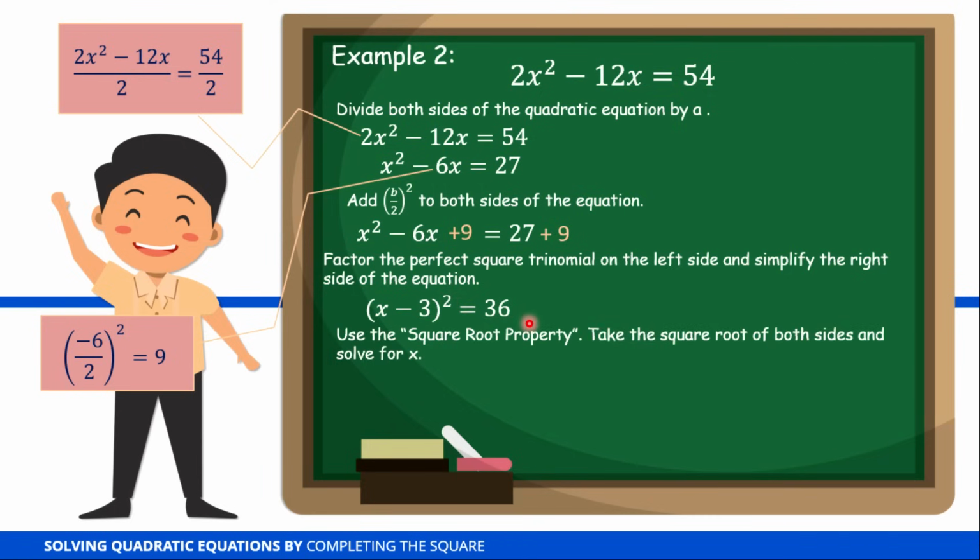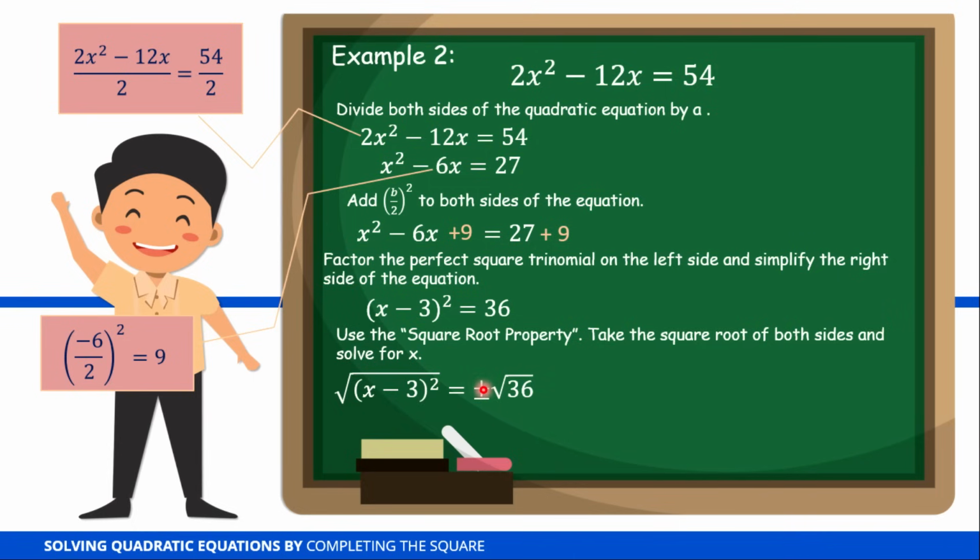Ang susunod na step natin ay gamitin ang square root property. Get the square root of both sides of the equation. We now have square root of quantity x minus 3 squared is equal to positive negative square root of 36.